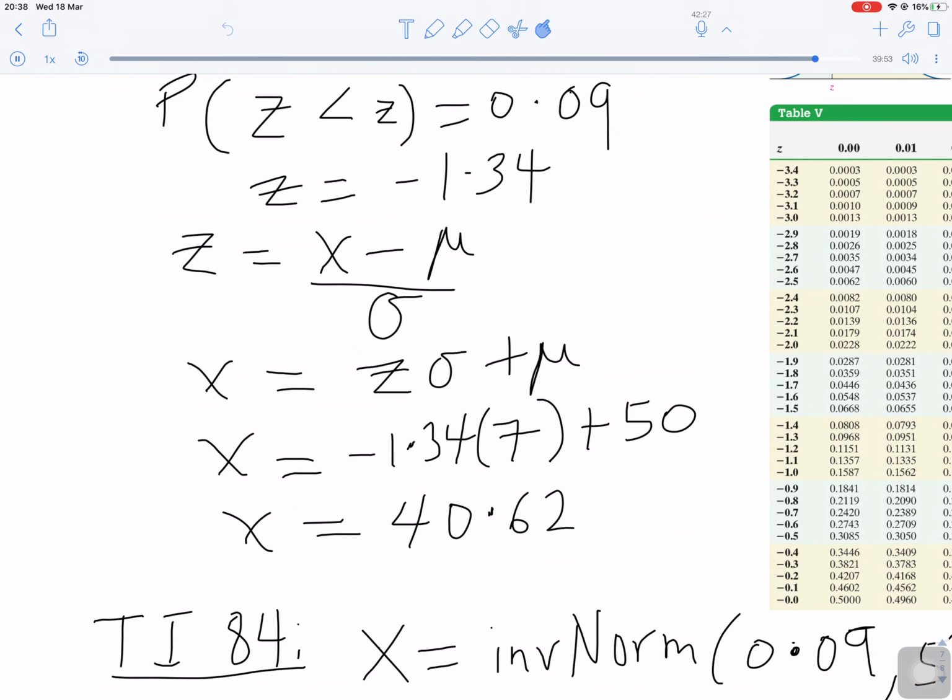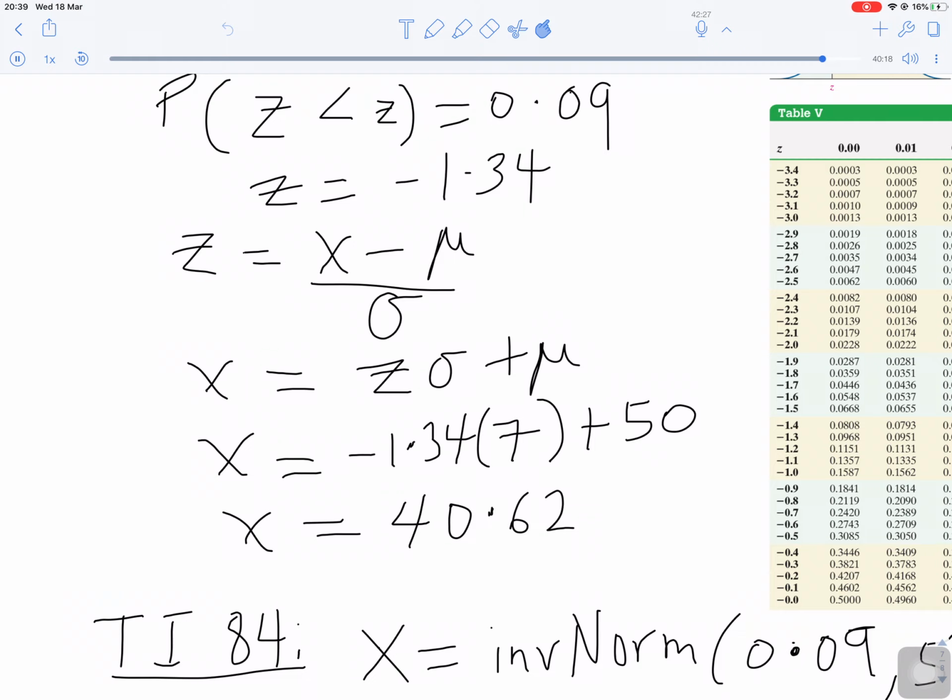So we plug them in to be able to find x. So minus 1.34, which is for z, 7 for the sigma, and then 50 for the mu. The result of that will be x equals 40.62. So the x, which is the 9th percentile, is 40.62.